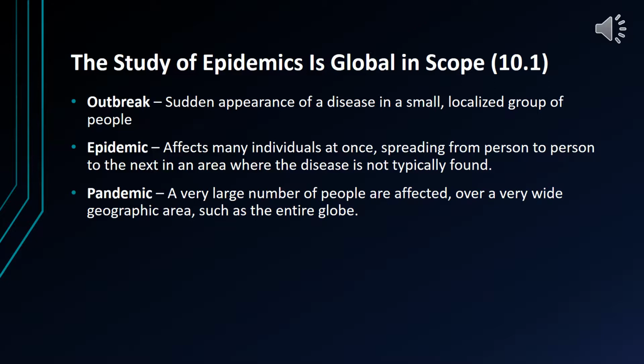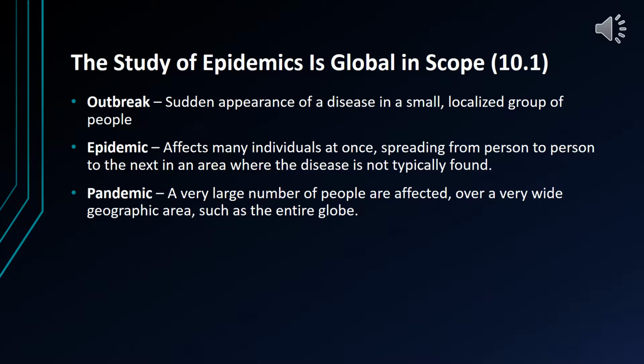Moving on to Chapter 10, Section 10.1, the study of epidemics is global in scope. So here we're just going to define some of the terms out of Section 10. Outbreak is the sudden appearance of a disease in a small localized group of people.